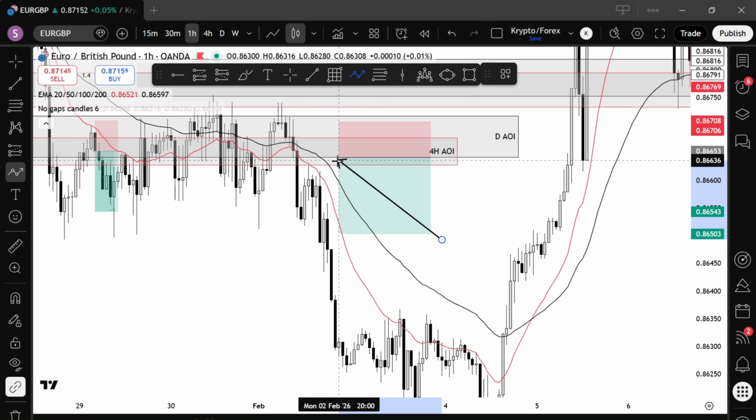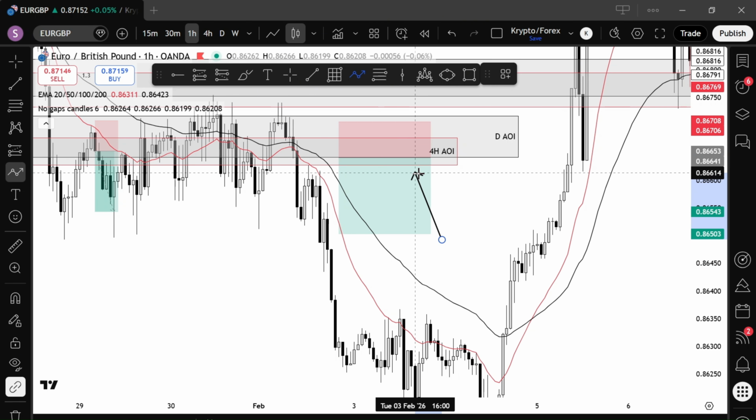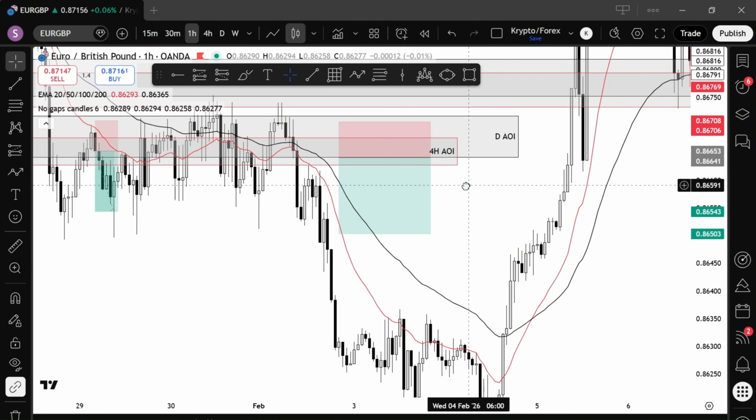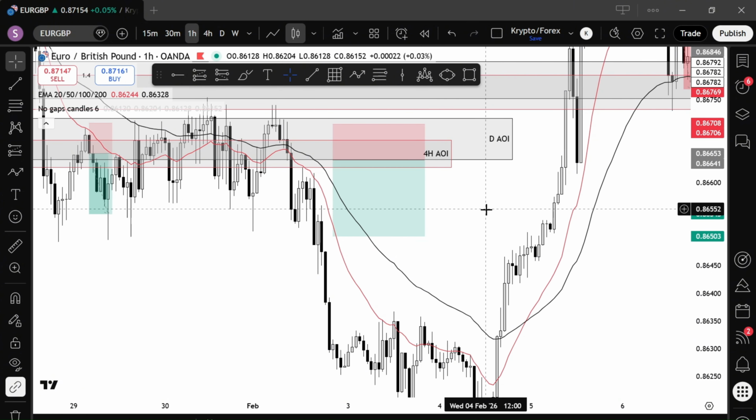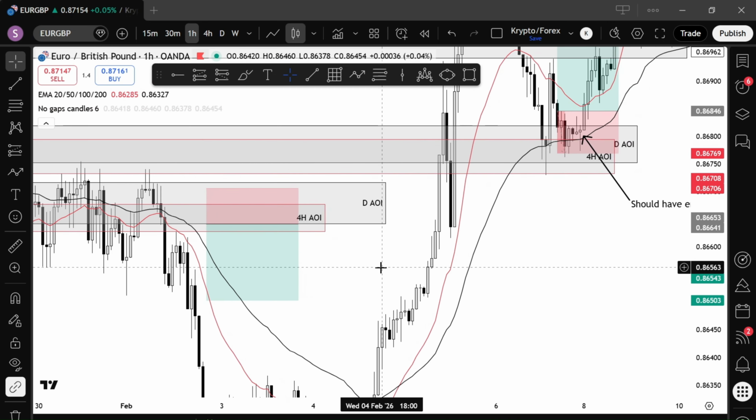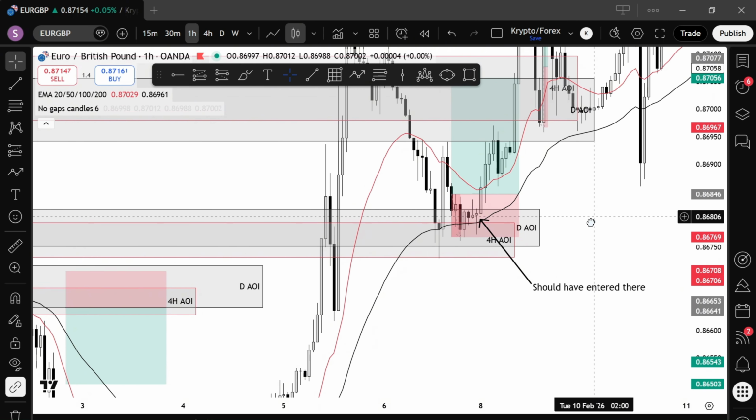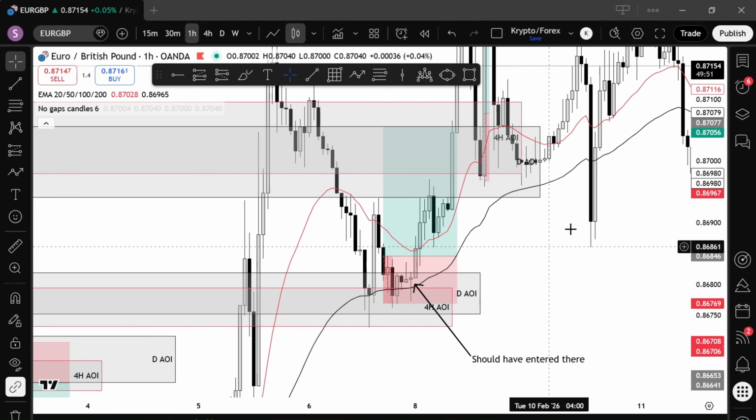We unfortunately never came into this area of interest. We just rejected off the 1-hour EMA and headed right to the downside. So we did not avoid a loss, but we literally missed this trade, though we couldn't enter based off our rules.